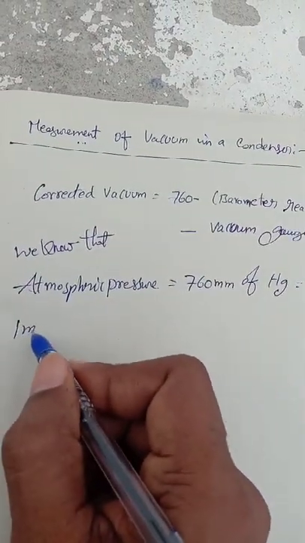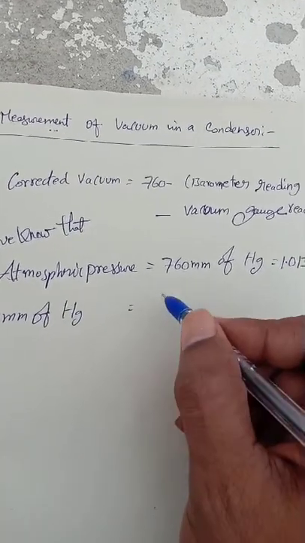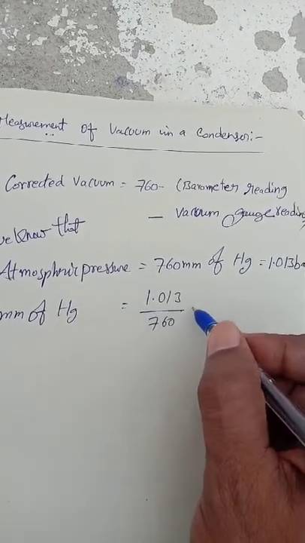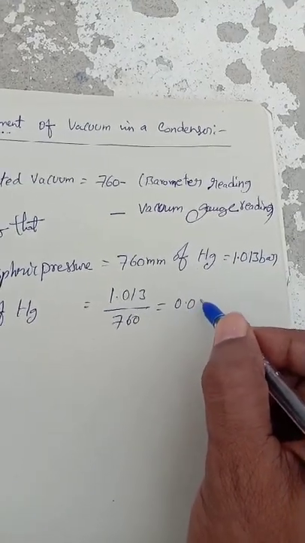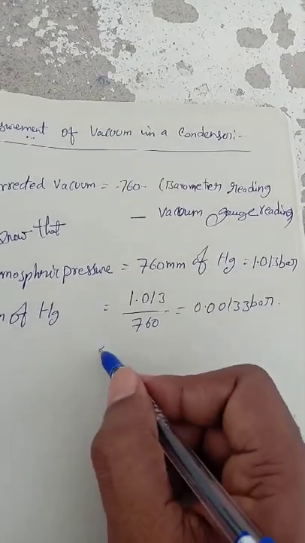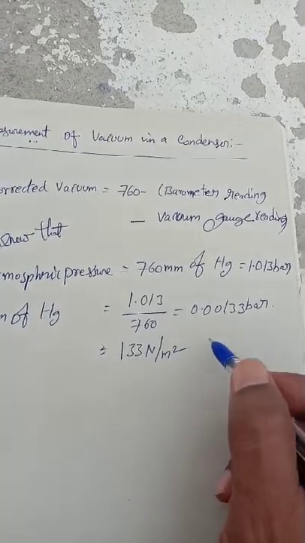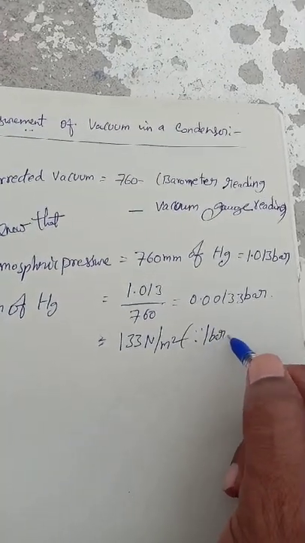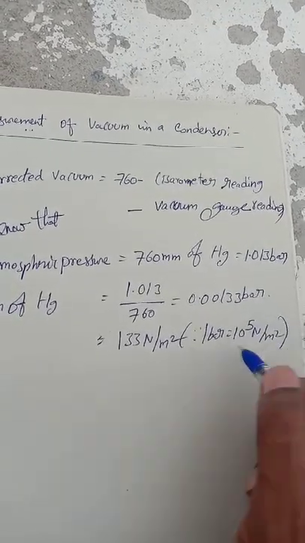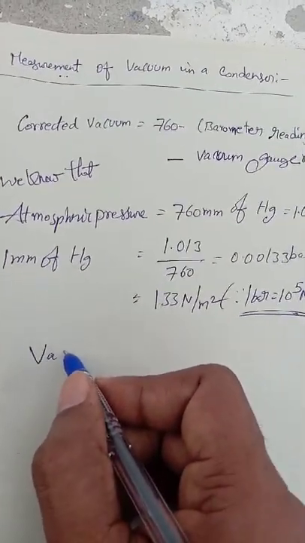So 1 mm of Hg is equal to 1.013 divided by 760, which is equal to 0.00133 bar. This comes from Newton per meter square, since 1 bar is equal to 10 to the power of 5 Newton per meter square. Remember this.